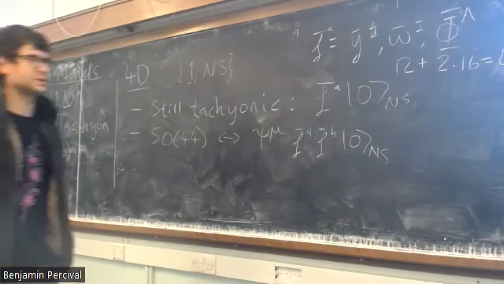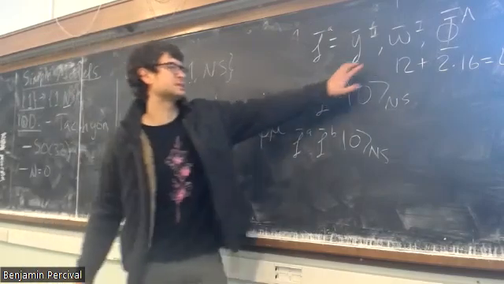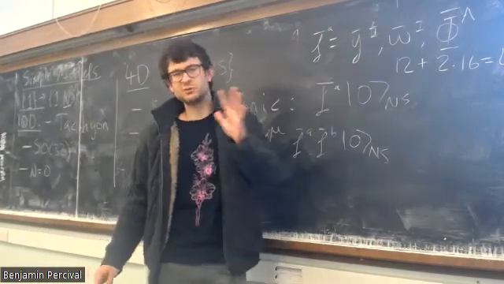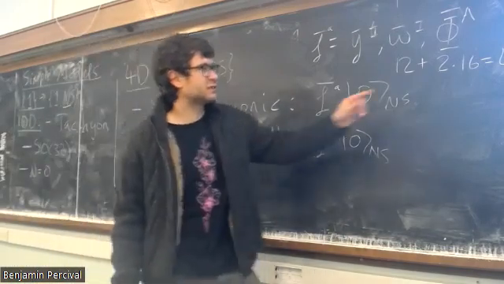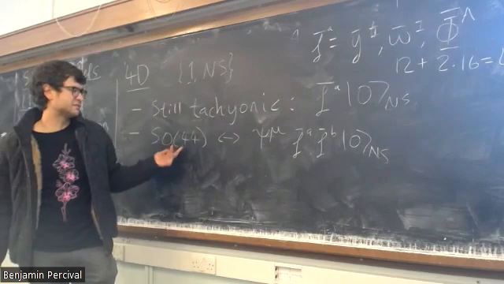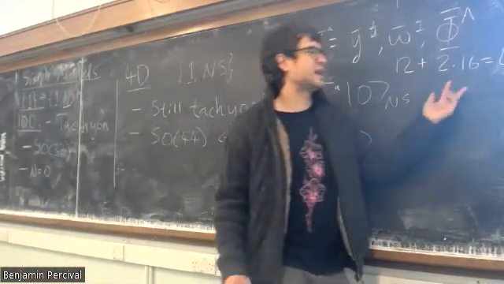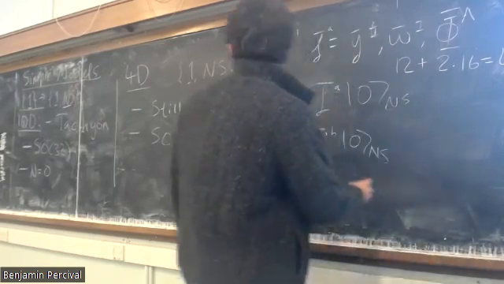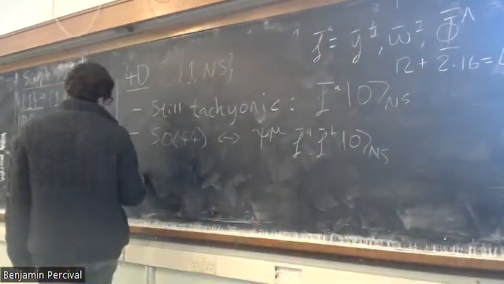Or you could say this would be 22 complex fermions if you try to complexify these, but in general we'll keep them real. If you have 44 real fermions, then you can get SO44. If you remember, I'll write it and then rub it off.